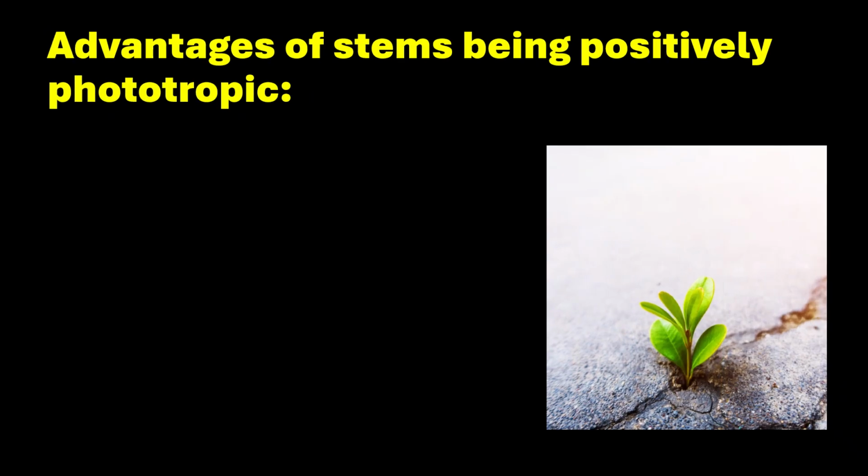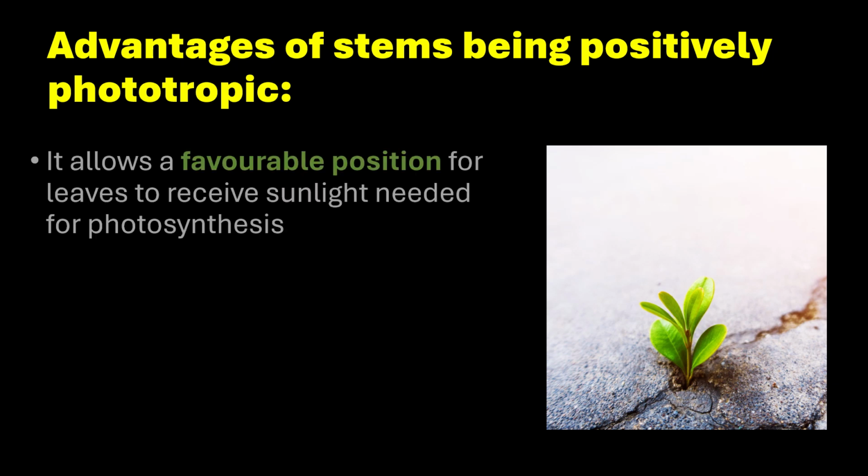Then we go on to explore the following. What are the advantages of stems being phototropic? Why should they even be phototropic? It allows a favorable position for leaves to receive sunlight, which is needed for photosynthesis.